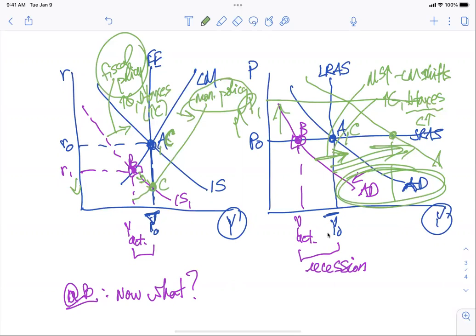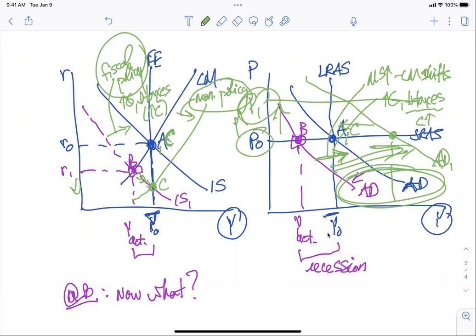If aggregate demand is too far out, and the Federal Reserve waited too long to start raising interest rates, aggregate demand got way out here. Then you either have to reduce spending or you have to start raising interest rates to bring aggregate demand back. If you don't, prices are going to go up. What are they trying to do now? Raise interest rates to bring aggregate demand back and keep inflation lower.